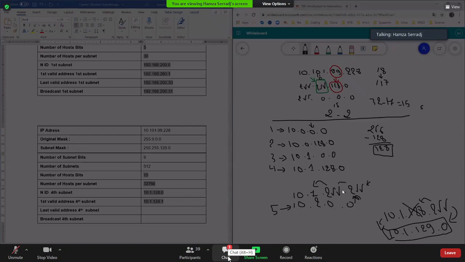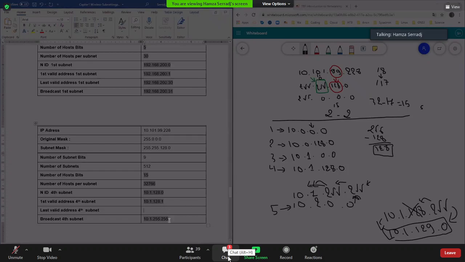So I initialize it. I push one here. This is the rule. I will end up with the same thing. So 256, I can put it there. So I initialize, I push one on the next one. It becomes 2. So the address before the fifth network ID is 10.1.255.255.